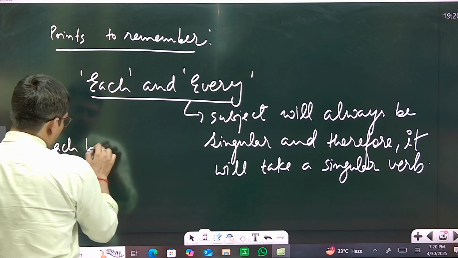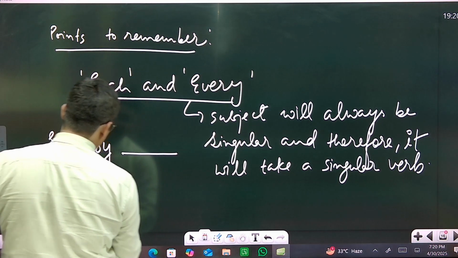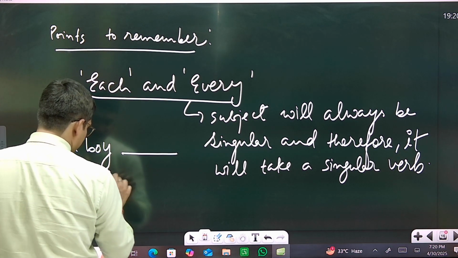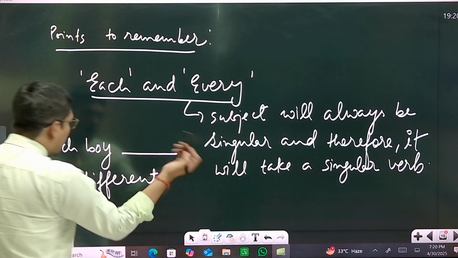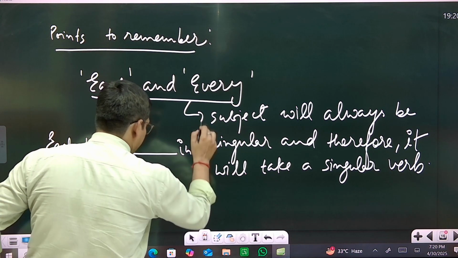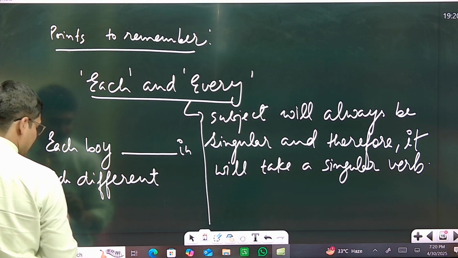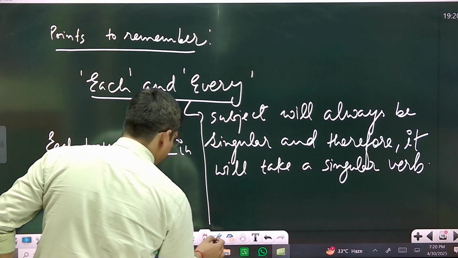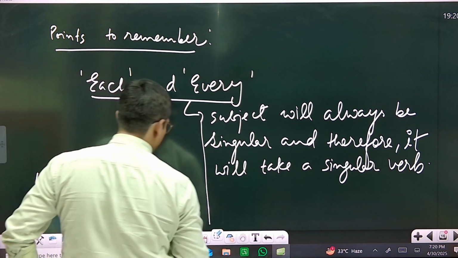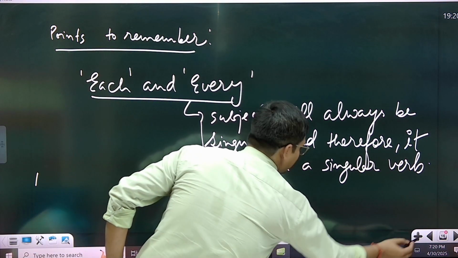Each boy different. Let me make it more meaningful. Each boy in this class, let me write it again on a new page.